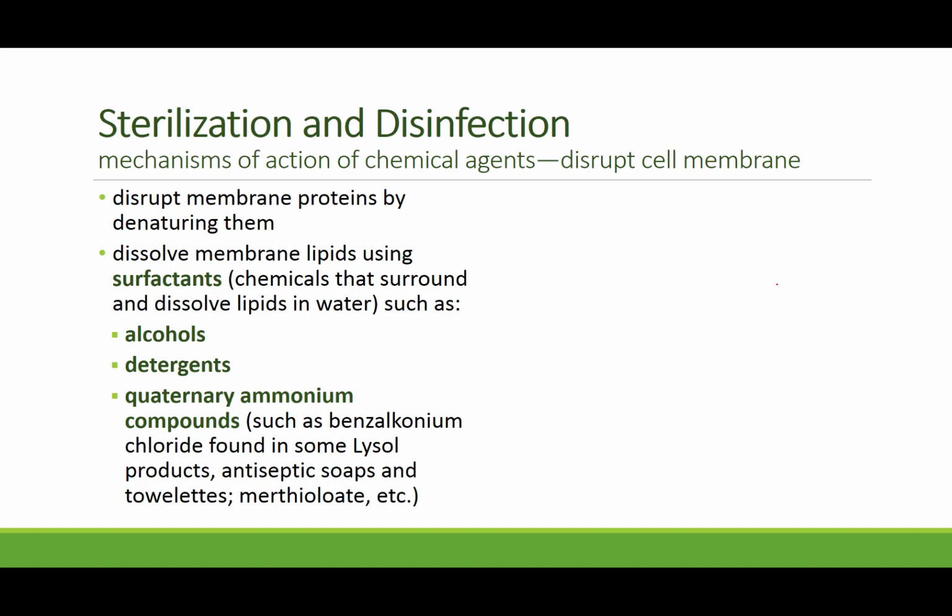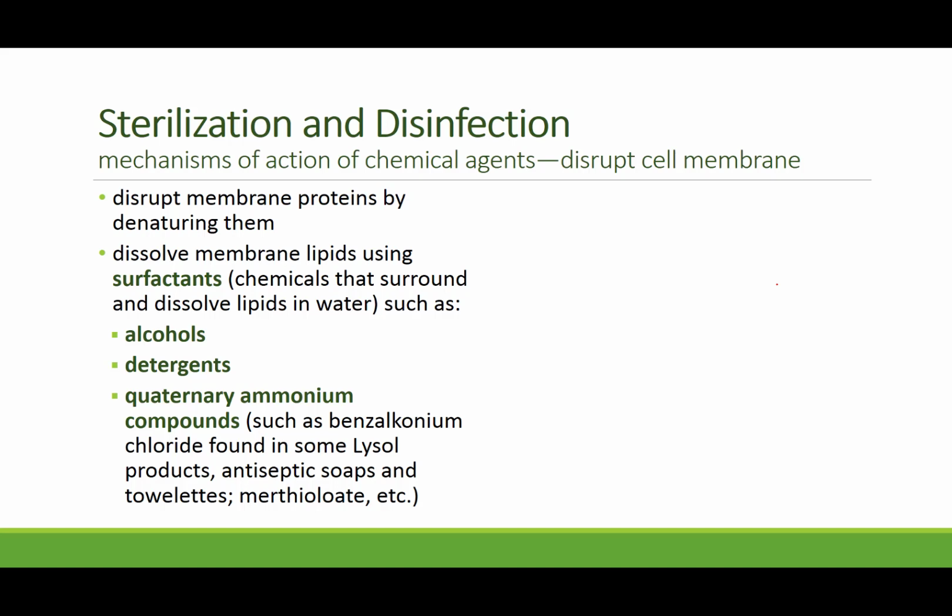So let's think first about disruption of the cell membrane as a way of destroying cells, of either killing like bactericide or bacteriostatic effects. We can disrupt the membrane by denaturing the proteins that are found in the membrane. And we can also disrupt a membrane by dissolving the lipids that are in the membrane using a surfactant.